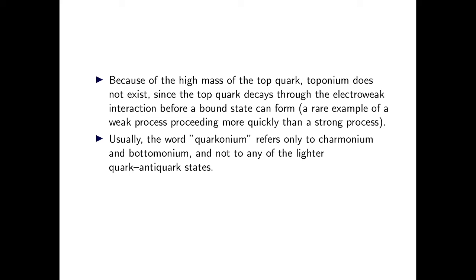Toponium. Basically, the high mass of the top quark makes sure toponium doesn't exist, and it decays through an electroweak interaction before even the bound state is formed. And so we'll only be dealing with charmonium and bottomonium, and we won't really be giving much emphasis to lighter quark and anti-quark states, because light quarks are intrinsically relativistic, and we deal more with non-relativistic quantum mechanics.